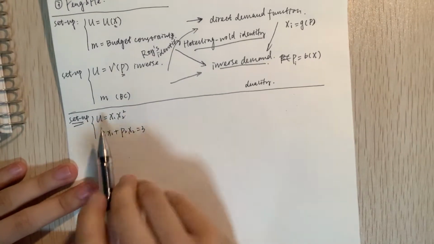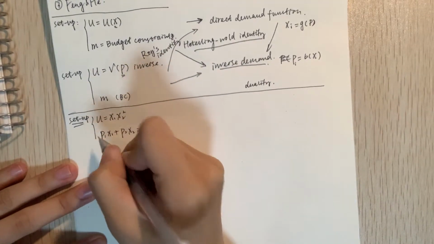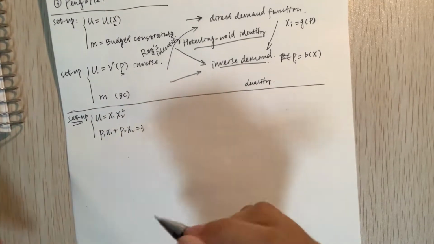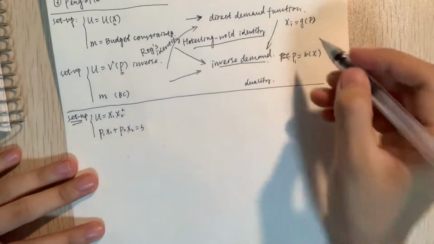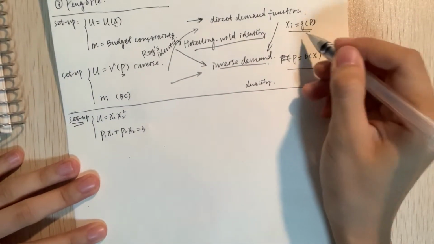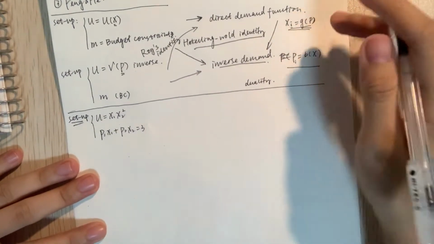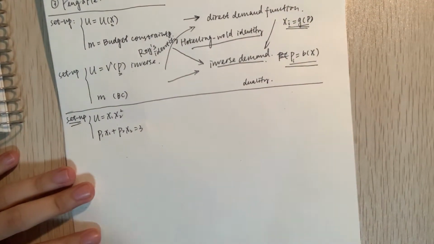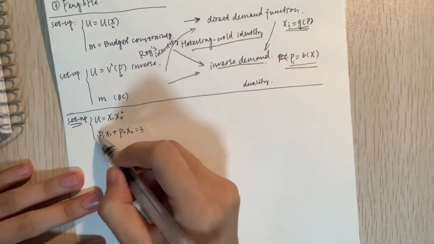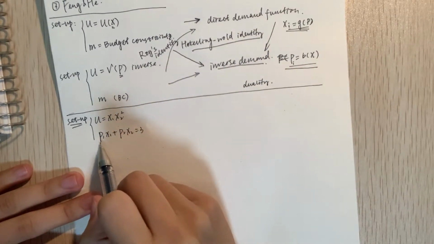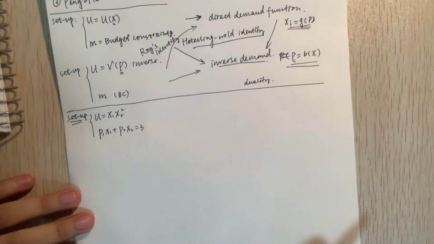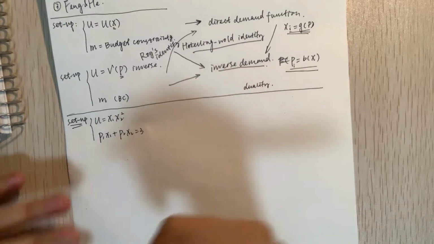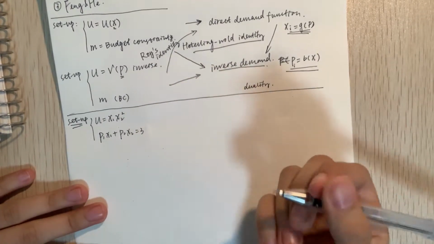I'm using letters to represent the actual level of prices in this market because I want to obtain this form, so as to echo the form I proposed here. But that doesn't matter. You can always use real numbers representing P1 and P2. With this, the normal approach is to solve for the direct demand function.